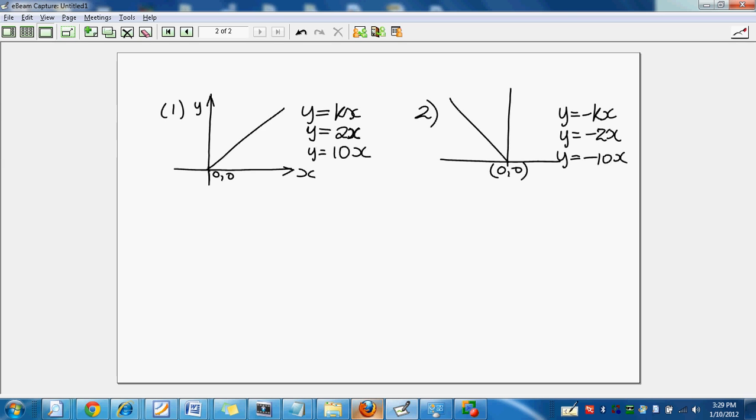The third one, we'll be looking at y equal to kx plus c, for example. An example of that might be y equal to 2x plus 3, or y equal to 2x minus 2. So we'll put that up on our drawing here.